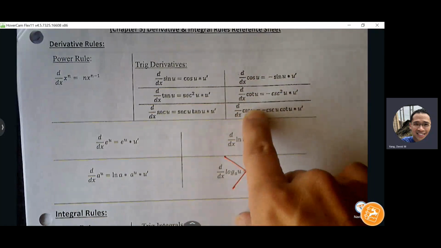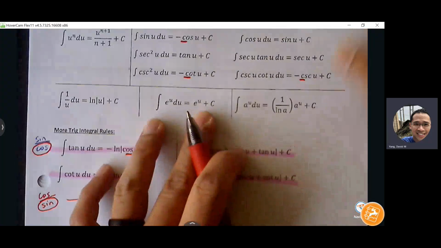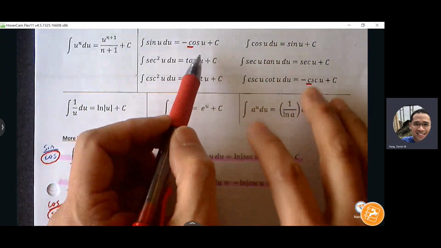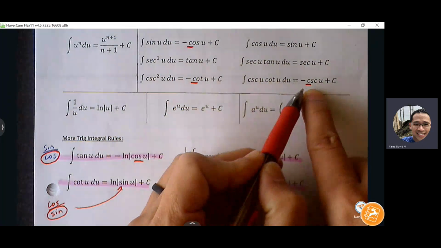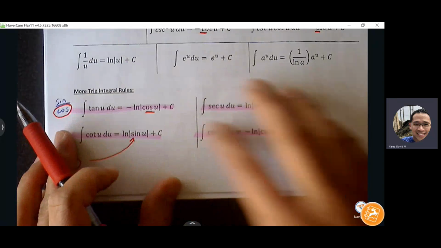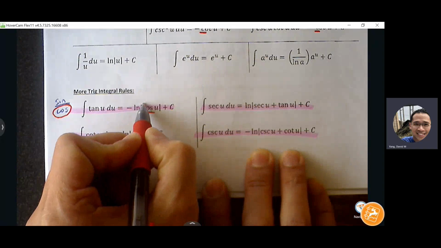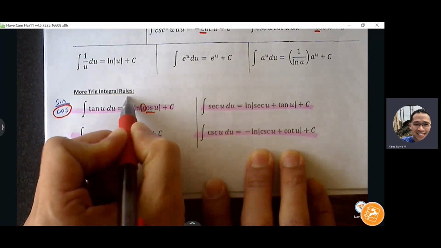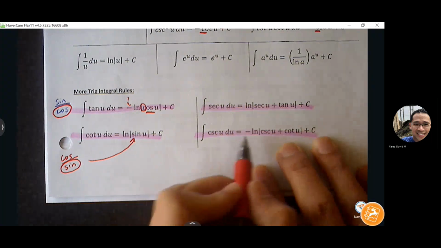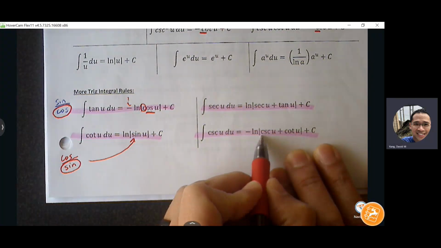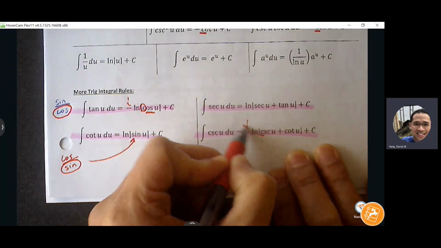With derivatives, if it starts with c, then it'll produce a negative derivative. With the trig integrals, if a c shows up in my rule on the right side, then it's going to have a negative. And the same thing here with the tangent and the cosecant. You see how tangent has a c near the beginning, so that helps remind me that there's a negative in front. Cosecant u produces a c that is near the beginning, so that is also a negative.